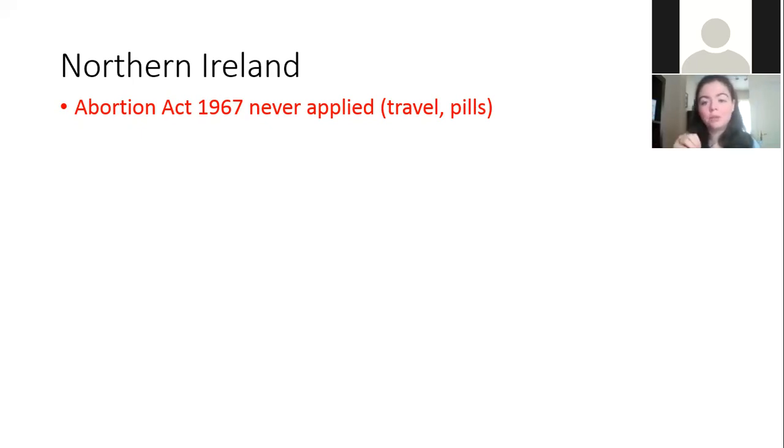So buying pills online was still a criminal offence, and they'd be stopped from coming into the country quite a lot. And actually, some people were even still prosecuted for it. I think it was 2016. There was a woman given a prison sentence for buying abortion pills online.